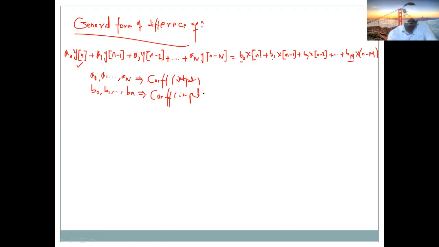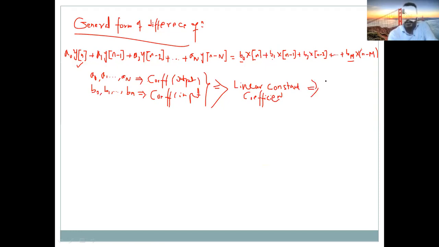Okay, now if these coefficients are linear constant values, not dependent on time, if they are constant coefficients in our equation, when you develop the equation and these coefficients are constant, our system is what?